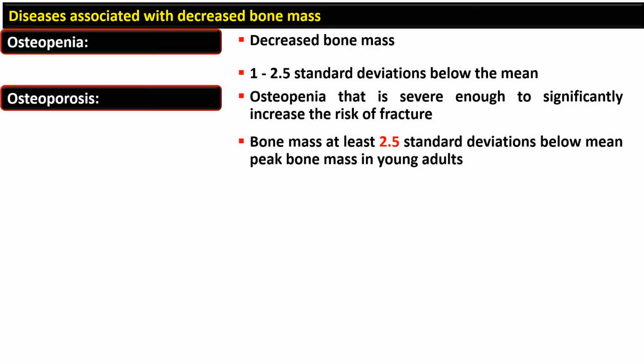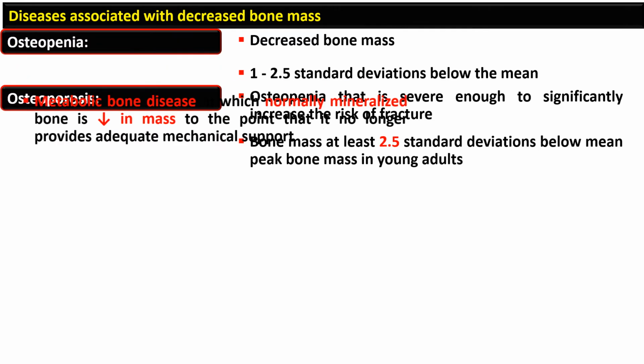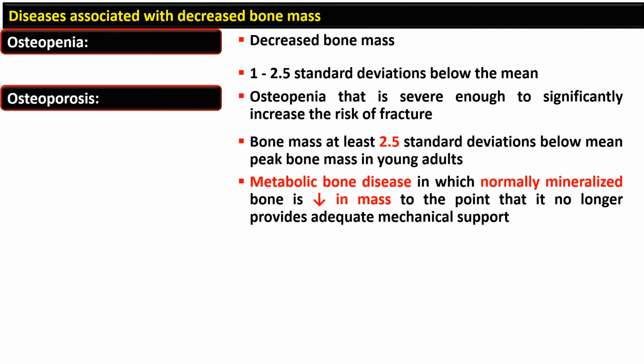So bone loss is a very important parameter. Now we can say that osteoporosis is a metabolic bone disease in which bone is normally mineralized, but there is decrease in bone mass and bone becomes soft enough that it cannot provide mechanical or structural stability.